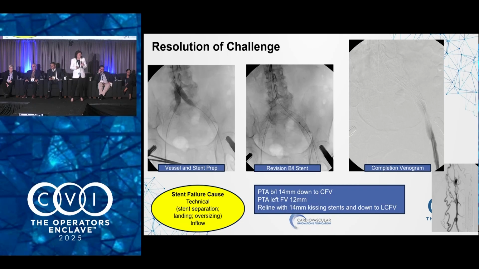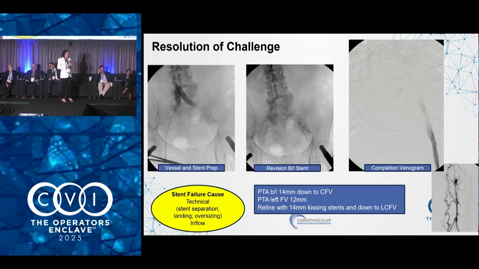And so, I think this will be good for discussion in terms of techniques, but here I chose to double barrel both sides because when I measured with IVUS, I could not see any other good way to do this without having to jeopardize the right leg, and it was already a poorly placed stent with a 90-degree turn on the right. You could see here where that abnormal landing of the stent is.